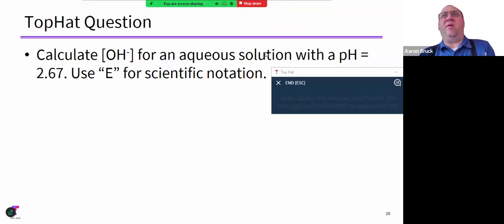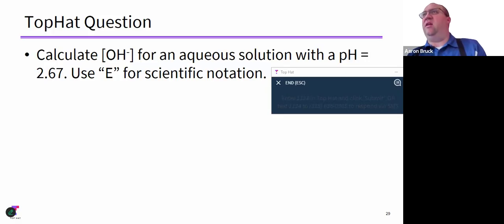You should notice right away, this is one of those across the diamond kind of calculations. So you are going to have to do two separate calculations to get to hydroxide, but how you choose to do it is completely up to you.